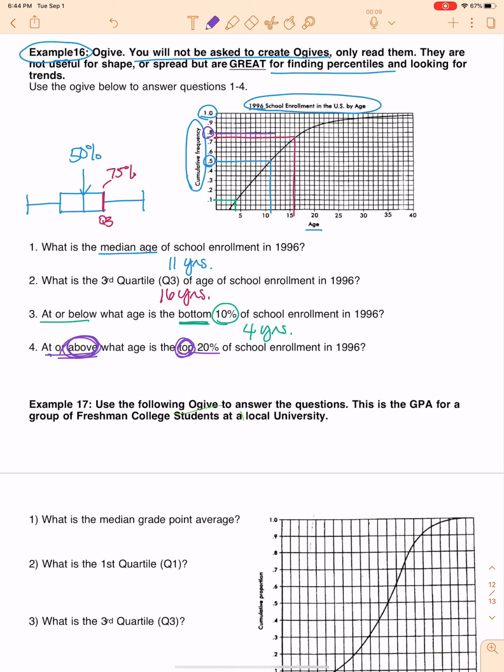So all the way over to my graph. Please be careful. See how this graph kind of comes to the middle? Be careful with that. We're going to come to the half right there, so that's going to be about 17.5.